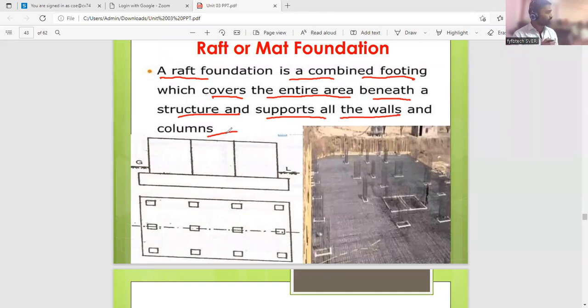In the continuous footing, we provide the footing for the continuous columns and wall, not for the area. In the mat foundation, we provide for the entire area. Is it clear, all of you? Yes, sir. Are you getting my points? Yes, sir. Okay.